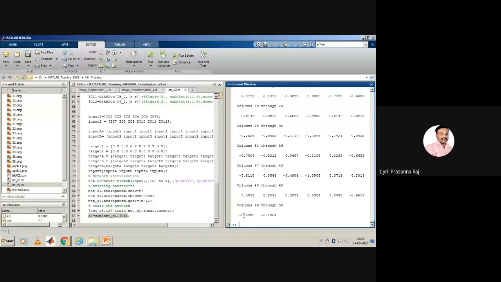Yes, these are the biases of the output layer. There are 50 neurons in the output layer, so you'll be able to find all the biases over there. Like that, you identify all the weights and biases of the network.